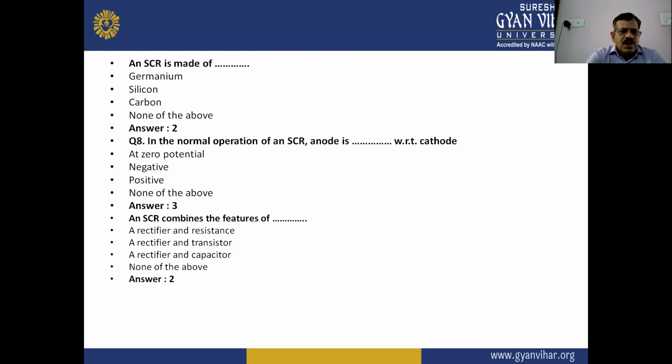But due to some specific properties of silicon, SCR is made of silicon semiconductor material, as compared to germanium. So here the correct answer is option second, silicon.